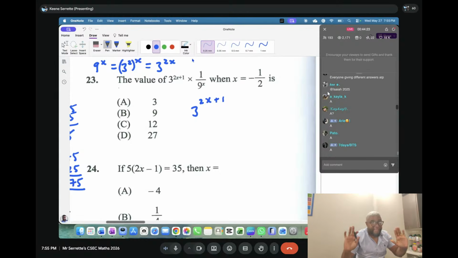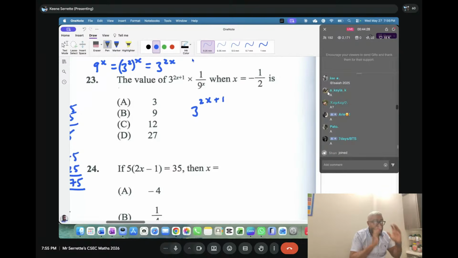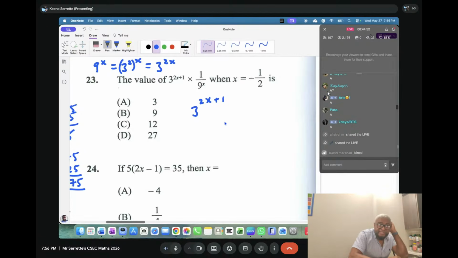So 9 to the x power could be rewritten as 3 to the 2x power, right? So this would be 1 over 3 to the 2x power, right?